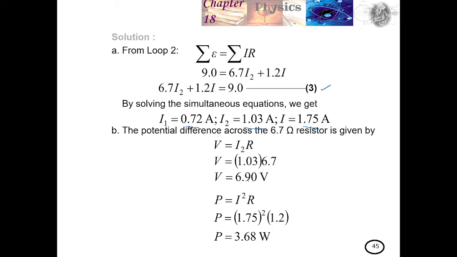The potential difference across the resistor, V equals IR, is 6.90. The power in the 1.2 ohm resistor is P equals I squared R, so 3.68 watt.